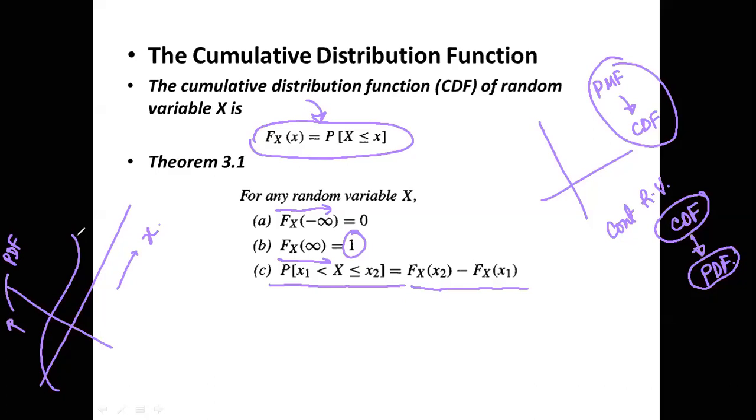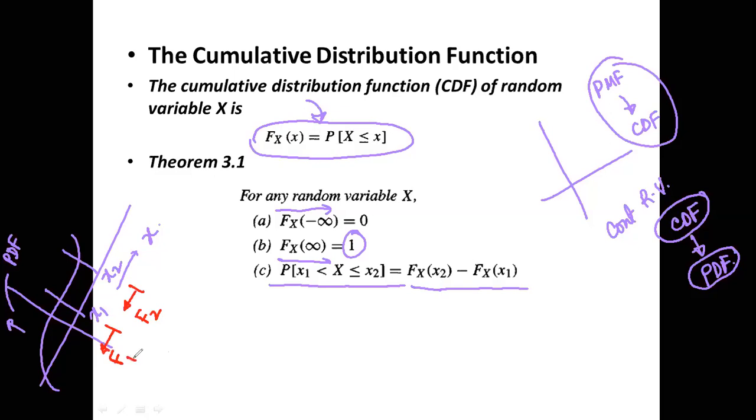Now they are telling us the probability from X1 to X2. This says that if I subtract the CDF at X1 from the CDF at X2, then we will get it back like this.